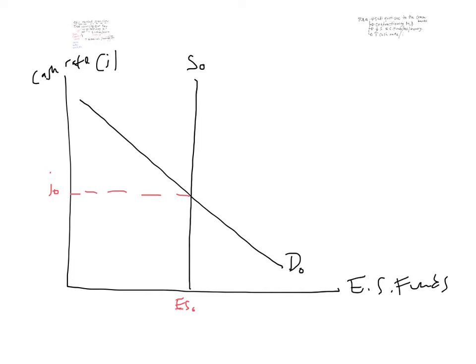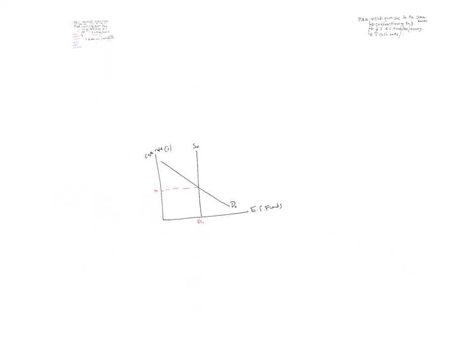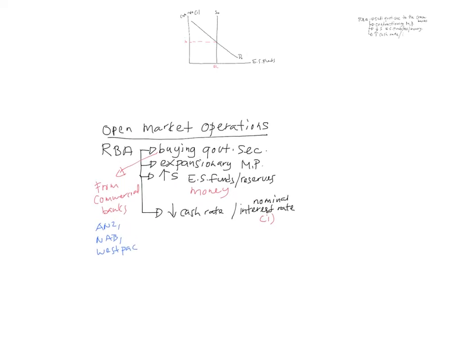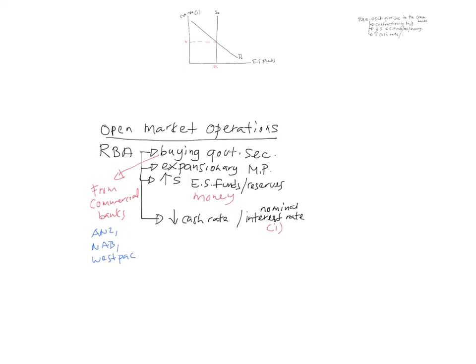Okay, so now in the situation where we're going to run expansionary monetary policy, we want to lower the interest rate. Remember, what do we want to do with expansionary monetary policy? We want to lower the cash rate, we want to lower that interest rate. The RBA will start buying government securities from the commercial banks.